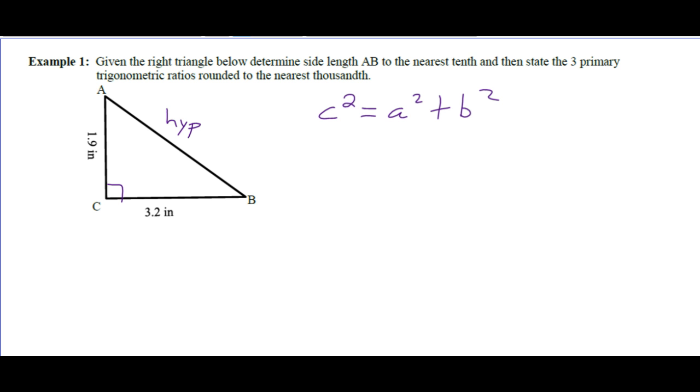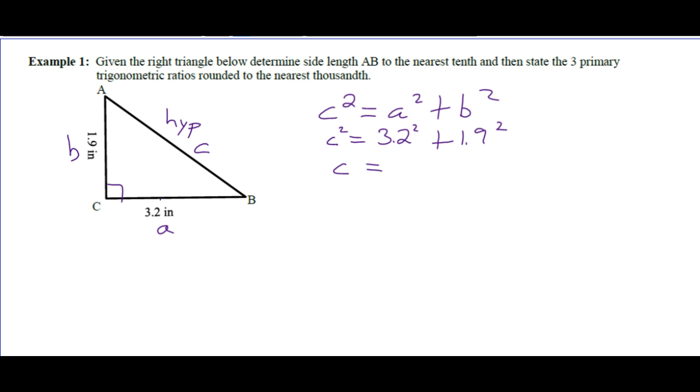To get the length, since we don't know any angles, we can't use any trig ratios to solve for length. So this guy here is little a. Remember the naming convention: angle A, this guy's little a. C squared is A squared plus B squared, so 3.2 squared plus 1.9 squared.